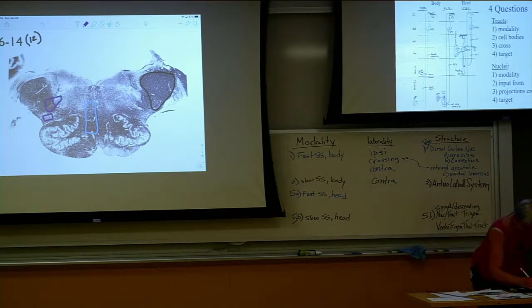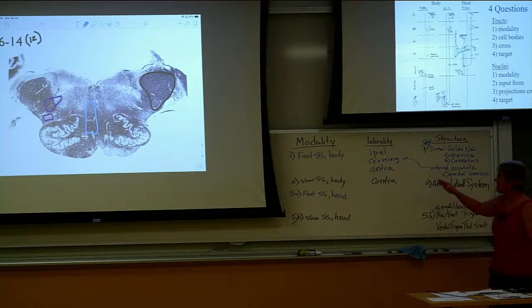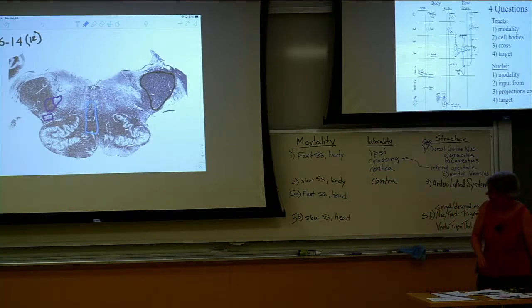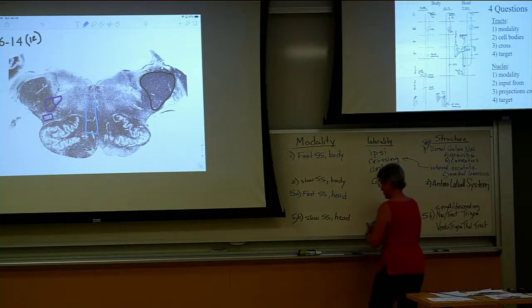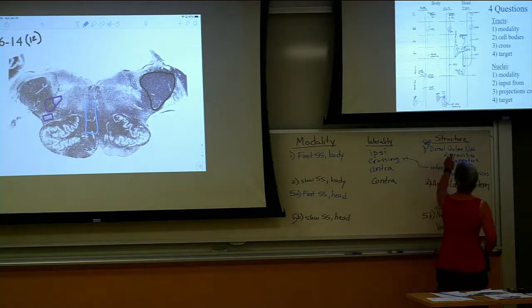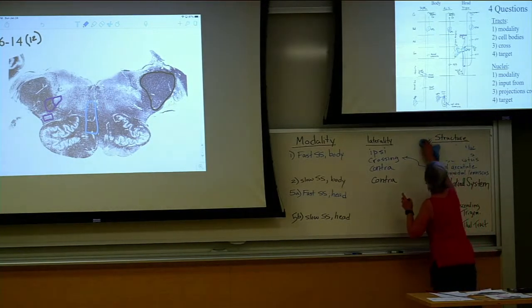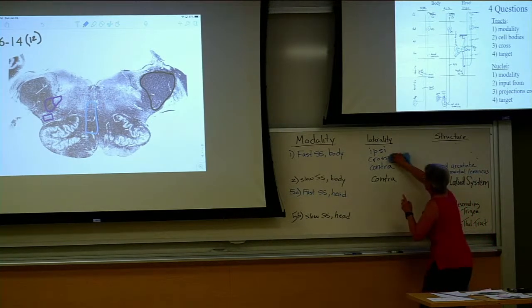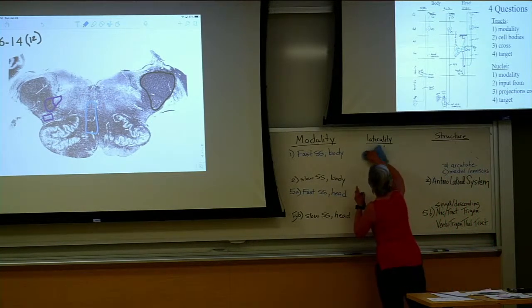All right, so starting out with our fast somatosensory information for the body. Oh, and we should erase what's no longer present. We know we have to find our medial lemniscus, but our dorsal column nuclei and our internal arcuate fibers are now all gone.